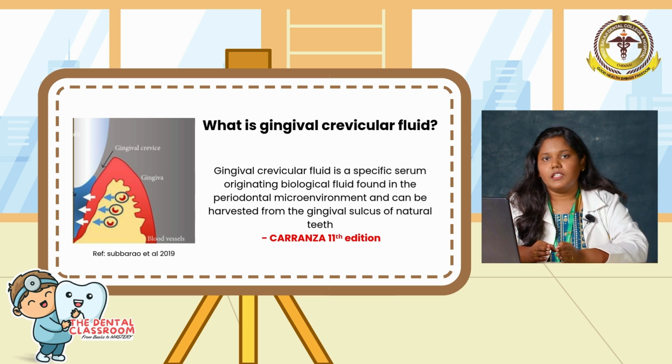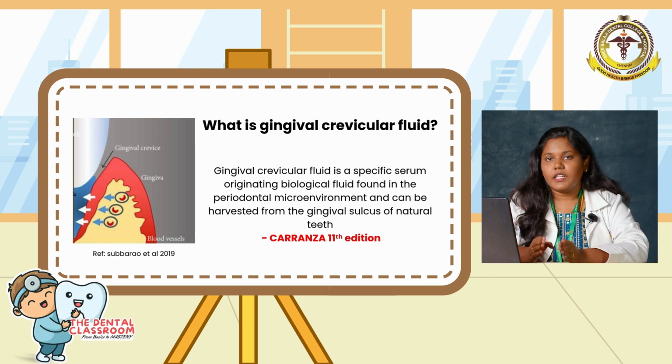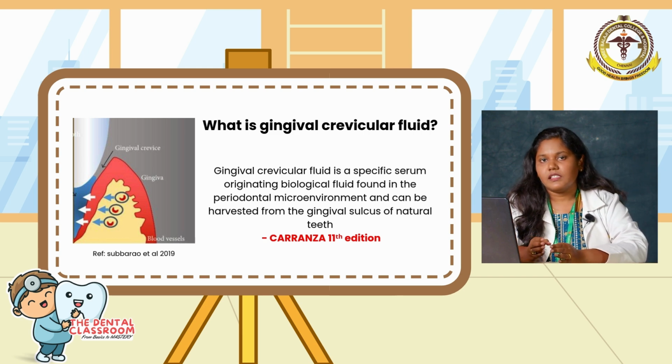As I told you earlier, it is present in the crevice of the gingiva, that is the gingival sulcus. Hence, it is present in the periodontal microenvironment and can be harvested from the gingival sulcus itself. So, gingival crevicular fluid is defined as a specific serum originating biological fluid that is found in the periodontal microenvironment and which can be harvested from the gingival sulcus.